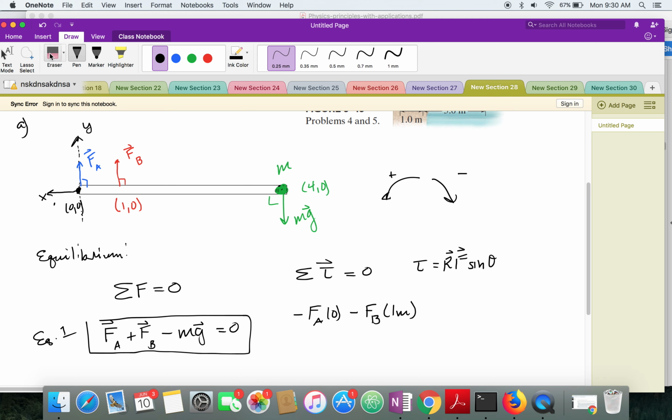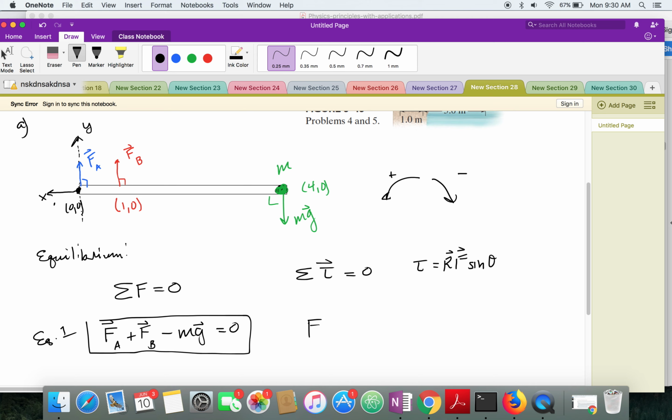They all want to rotate it in the same direction, clockwise, so they're all negative, which means you could treat them as all positive. So let's just do it that way. Make them all positive.